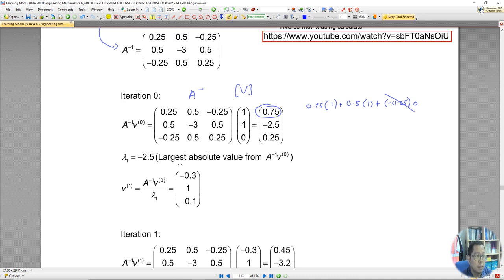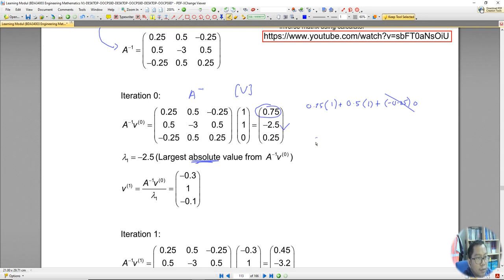Be careful, because it asks for the largest absolute value, which means you neglect any plus or minus sign in each value. Here the value is negative, but the biggest number is 2.5, so this is the largest absolute value. Then you divide all the values by this number.